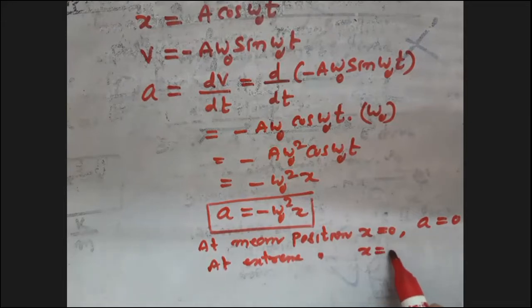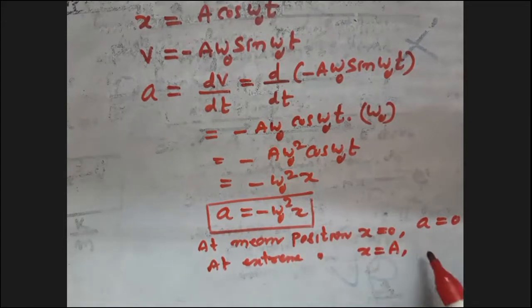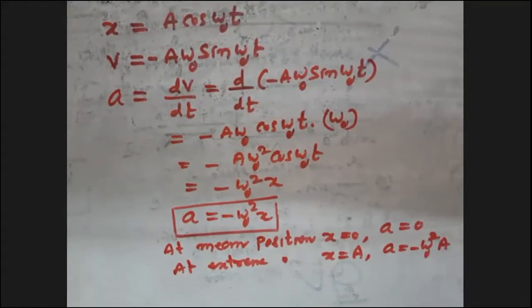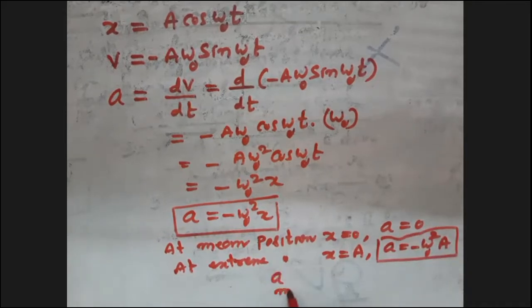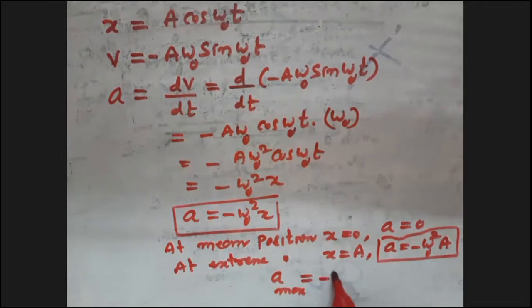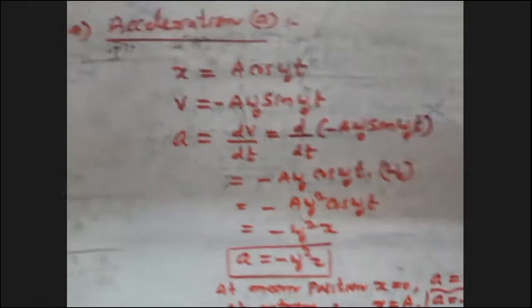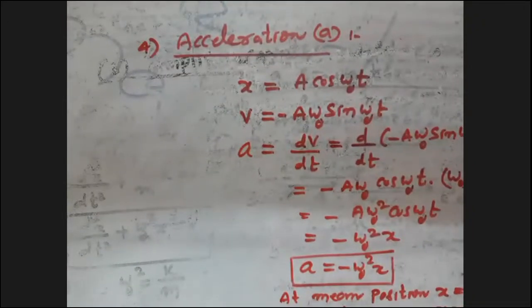Maximum displacement, that is equal to the amplitude. Substituting that, a equals minus omega naught square a. So the maximum acceleration the particle has at the extreme position is minus omega naught square a. So this is acceleration.